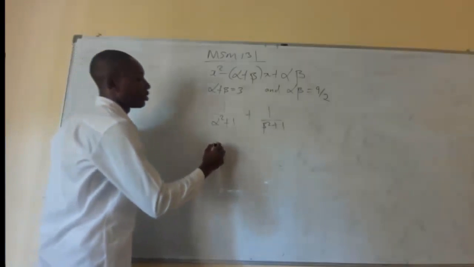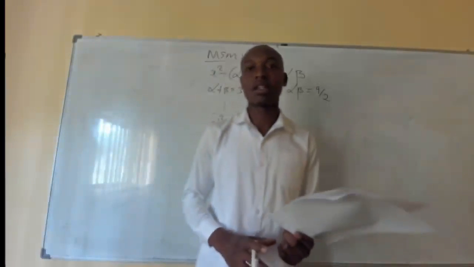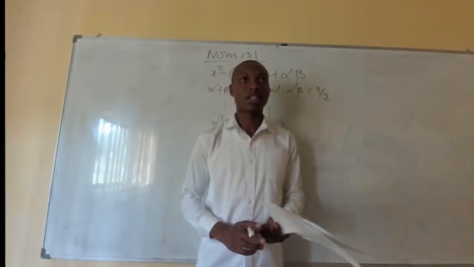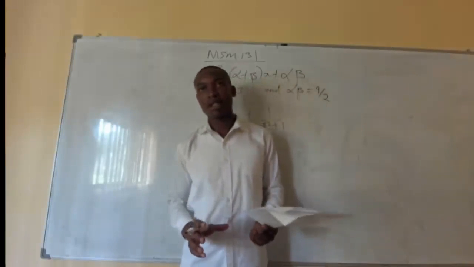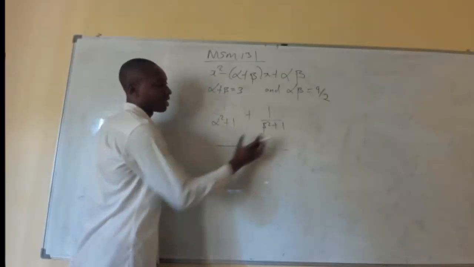Right, so what's the common denominator here? The first thing that we need to find here is the common denominator. So what is the common denominator there? The common denominator is simply alpha squared plus 1 times beta squared plus 1.